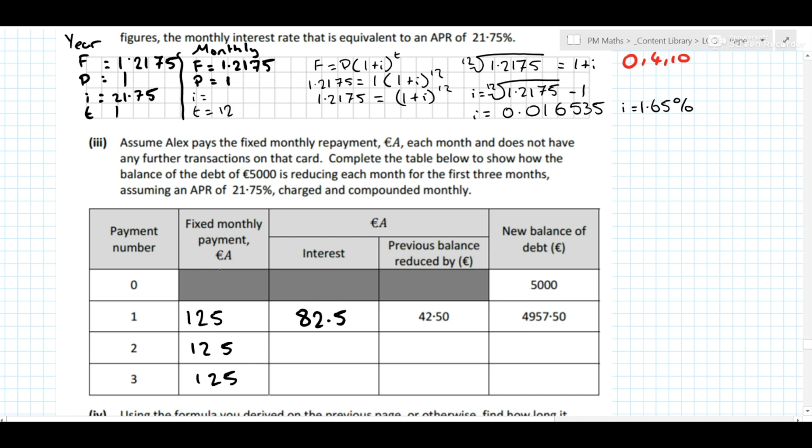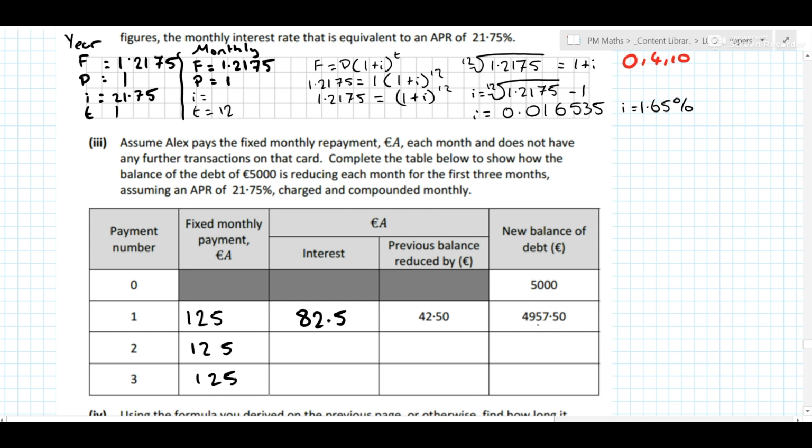So he's paying back €125, but he's still charged 82.50 in interest, so his balance only reduces by 42.50. Now next we need to find the interest for the next month, so he's just subtracted 42.50 from the balance to get that number there.